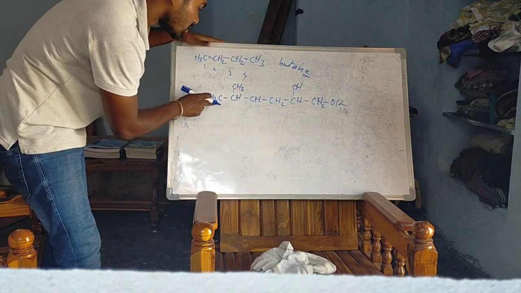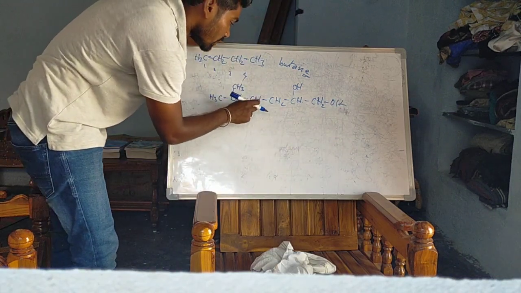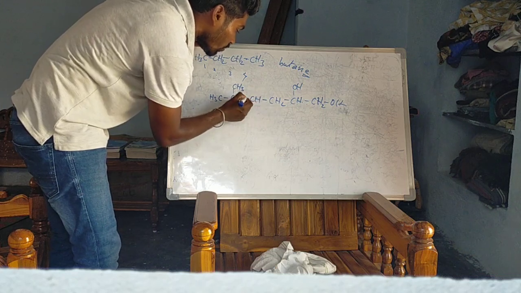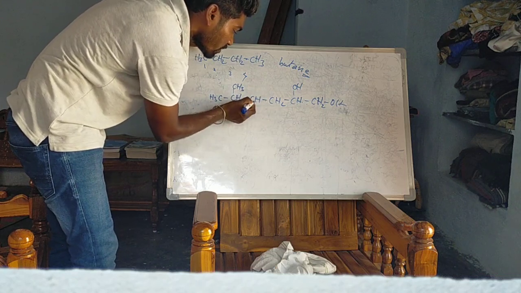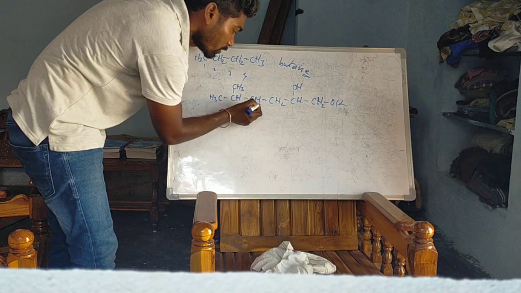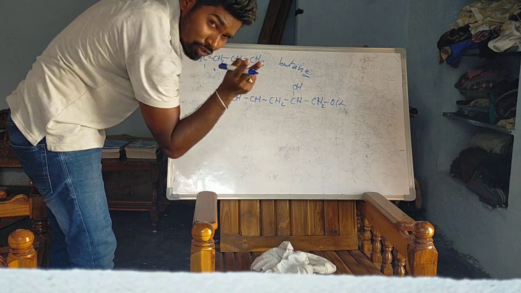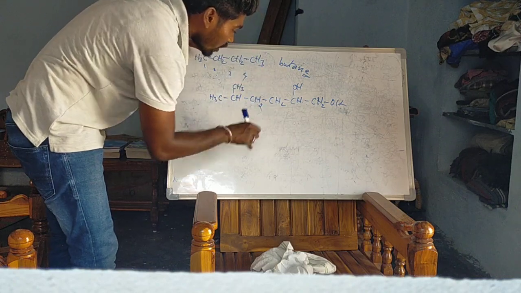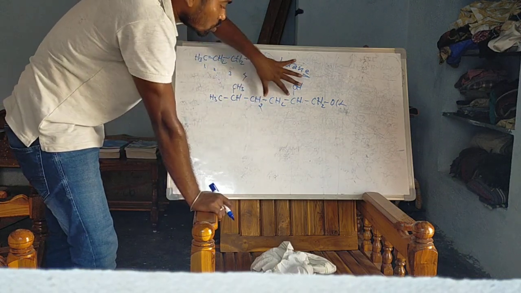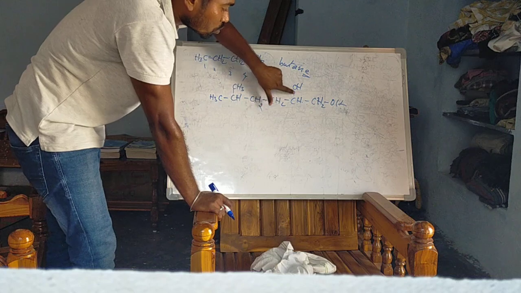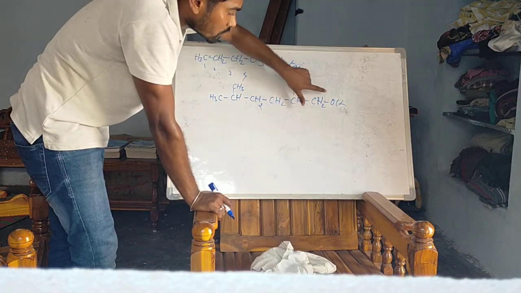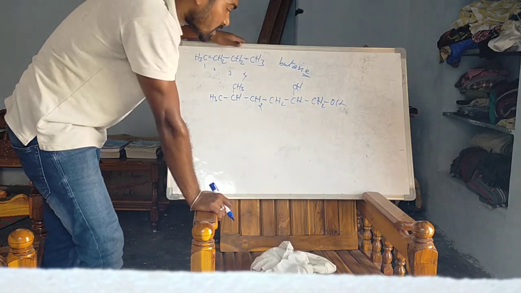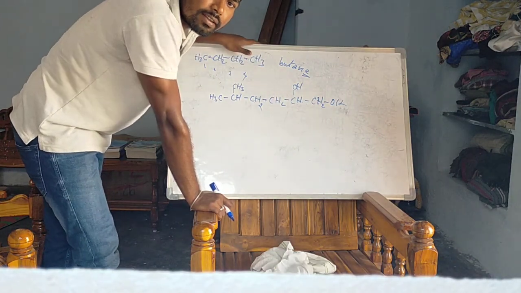So H3C, CH: 1, 2 bonds completed, one more bond with hydrogen, 3 bonds completed. According to tetravalency, there should be 4 bonds around every carbon. So that's why 2 hydrogens are present here: 1, 2, plus 2, 4. Here 1, 2, 3, plus 1, 4. Here 2, 4. So each carbon satisfies tetravalency.